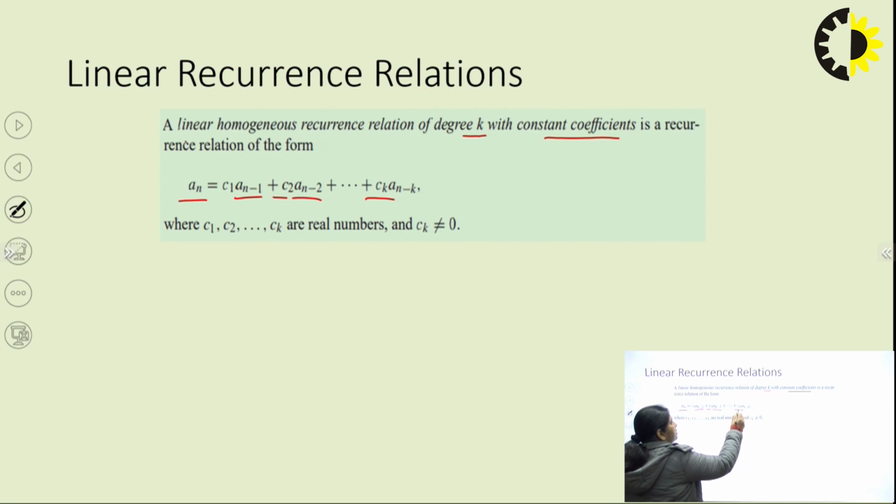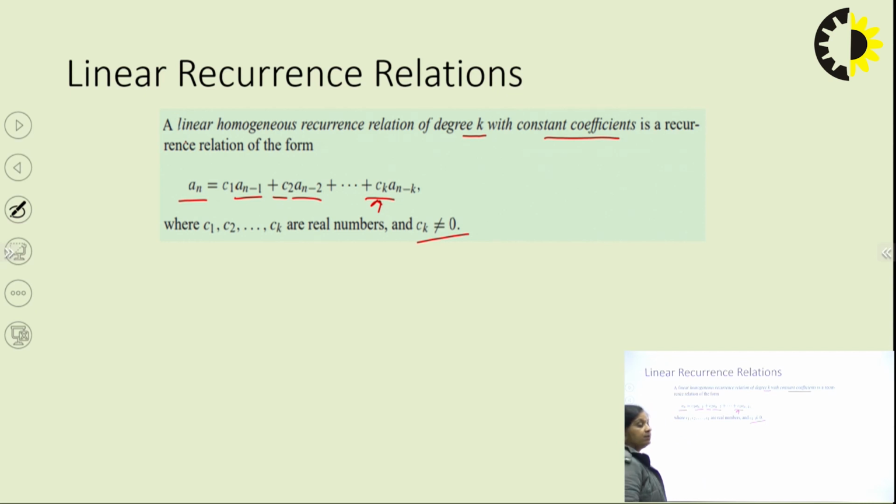The last term is Ck an minus k. So, an is defined in terms of the n minus 1th, n minus 2th, up to the n minus kth term. Okay, and this Ck is not 0.